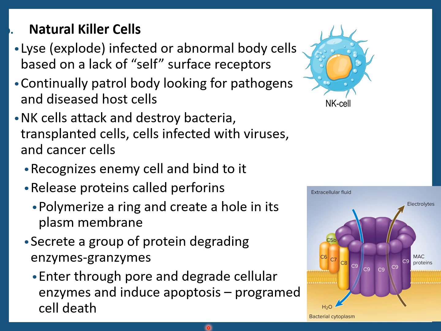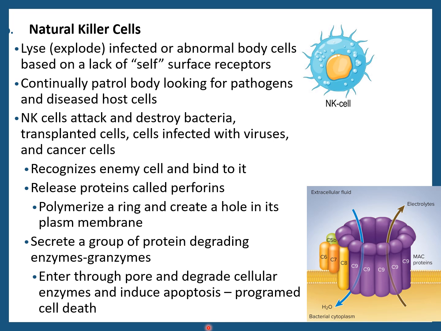Basically, that cell doesn't have enough name tags that say, hey, I am this person. So the natural killer cell will say, hey, you didn't pass my checks. You didn't know enough secret passwords. So you can't possibly be who you say you are. You're dead. And so they will also attack and destroy bacteria.